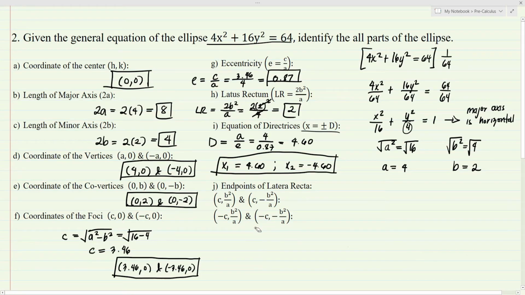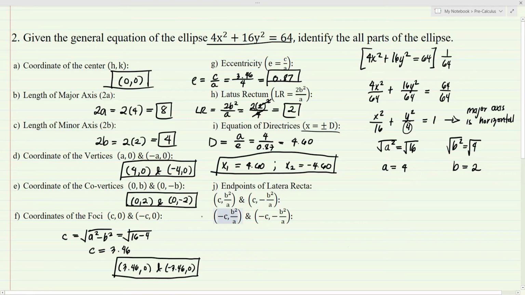Now, for the last part, the endpoints of the latera recta, again, we would use the value of b squared over a, or that is just half of the length of the latus rectum. Since the length of the latus rectum is 2, its half would be equal to 1. So every y-coordinate here, which is equal to b squared over a, is equal to 1.